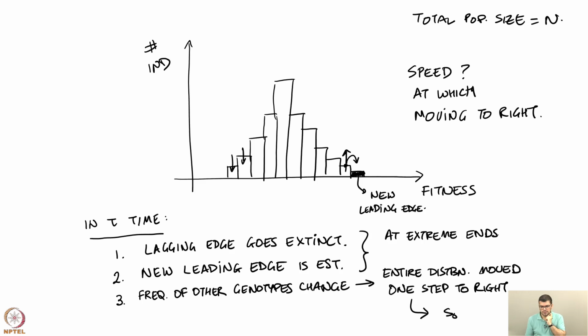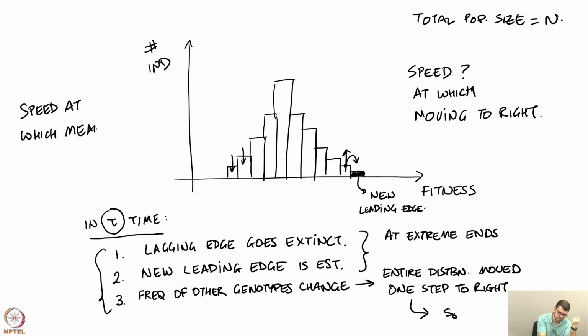Now, this we saw at the end of last lecture. This meant that in this tau time, these three combined mean that the mean population fitness increased by S naught in tau time. As a result of that, we can say that the speed or the rate at which mean fitness is increasing is simply equal to S naught divided by tau.